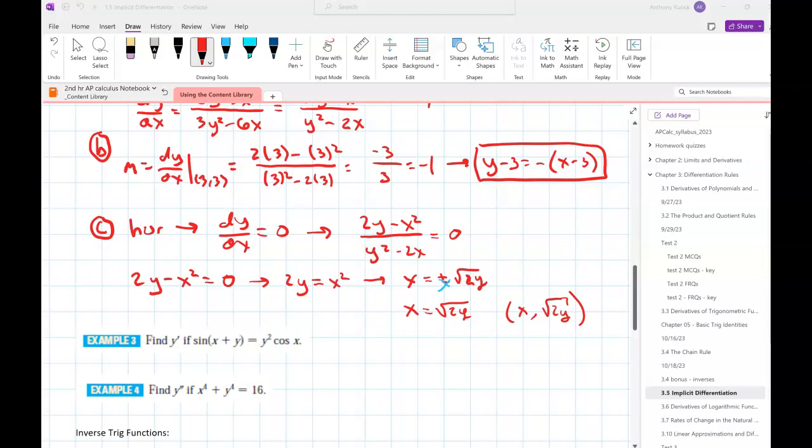Let me double check something. If your x is equal to the square root of 2y, then your x is equal to... that's a great question. Thank you.